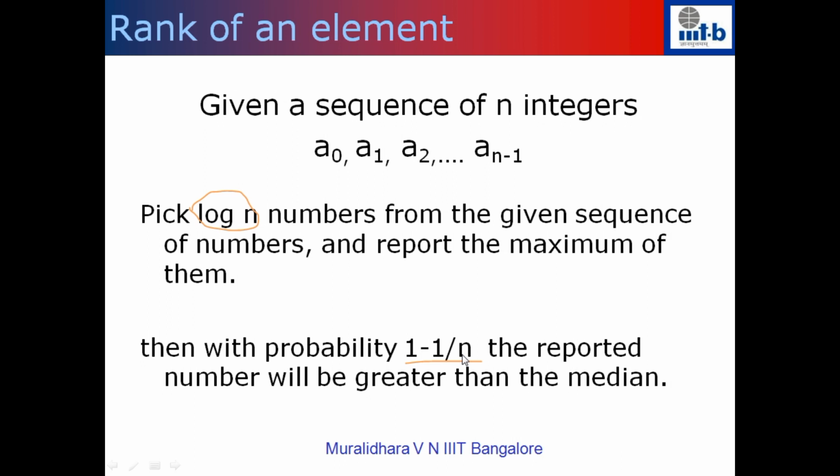So in summary, we have a randomized algorithm which picks only log n numbers uniformly at random, keeps track of the maximum and reports it.